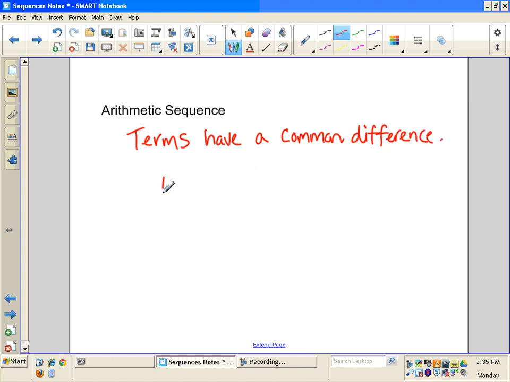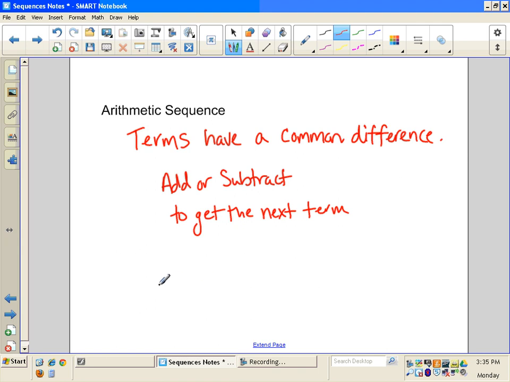So you are adding or subtracting to get the next term.